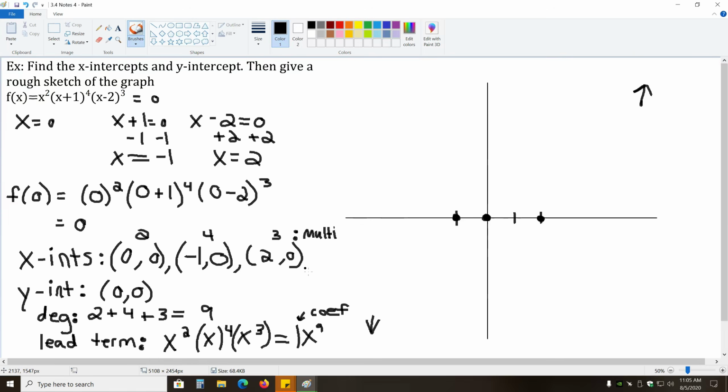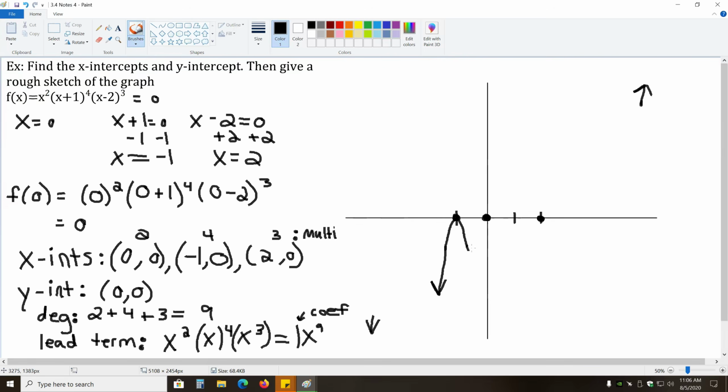We know that the graph is going to start in the bottom left and then approach this first x-intercept. And when it hits this x-intercept, because the multiplicity is 4, the graph will bounce back. So it's going to look like this. So the graph will start off in the bottom left, hit this x-intercept, and bounce back.